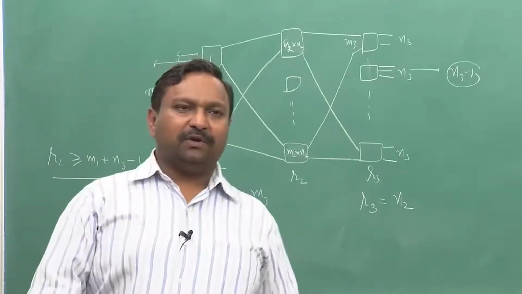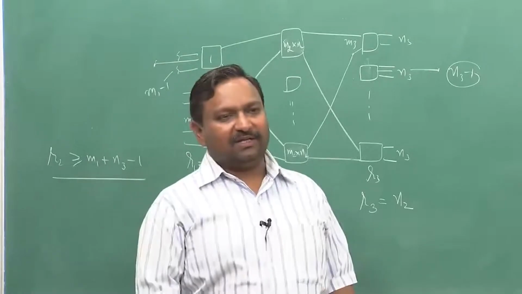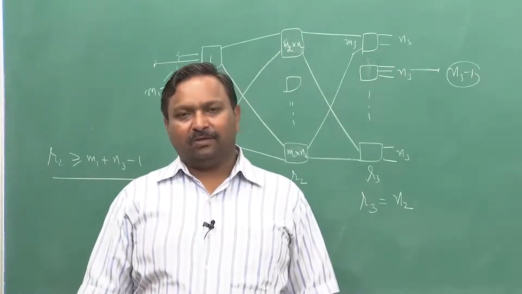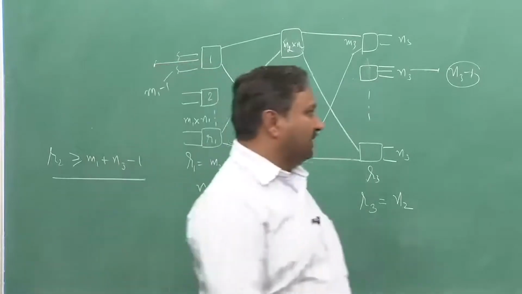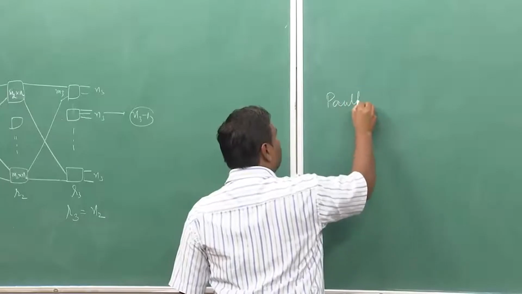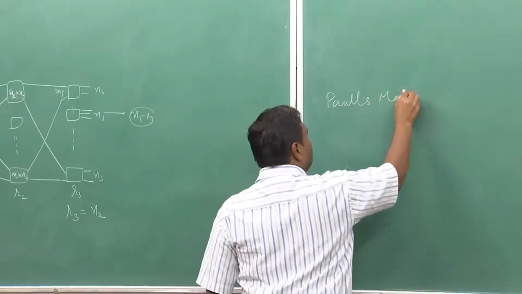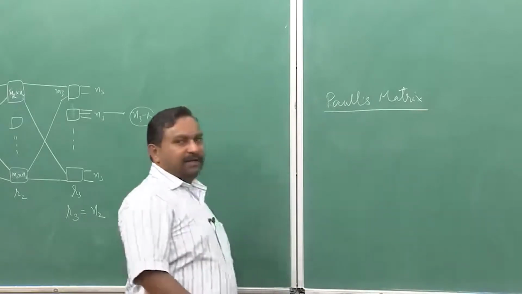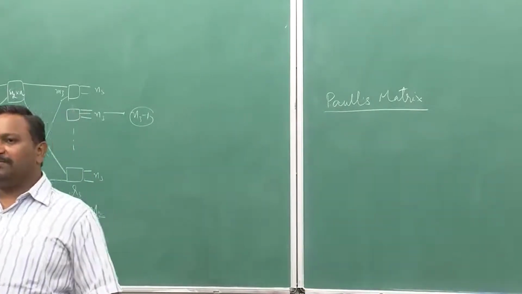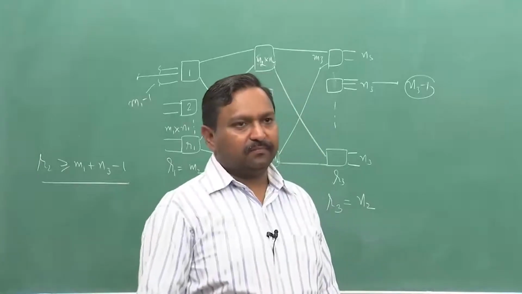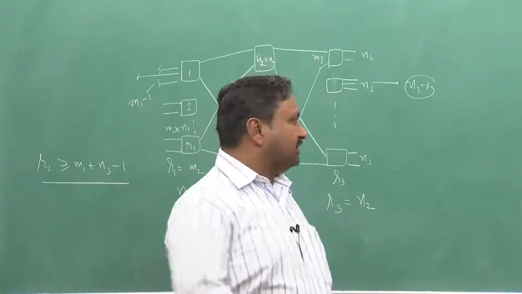I did it through an argument, which is fine, but there should be a better method of visualizing it. One of the best methods is known as Paull's matrix. It is a pretty powerful abstraction, or the way by which a closed network, with all its connections, can be represented. Okay. Now, how will this be done?